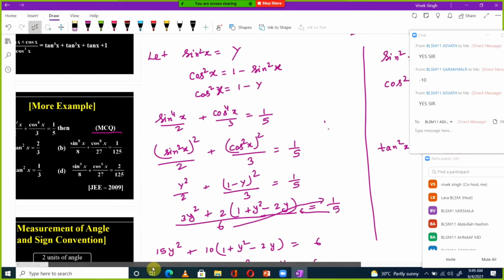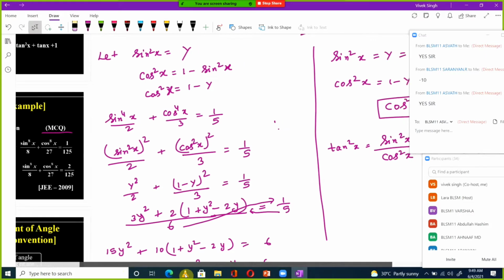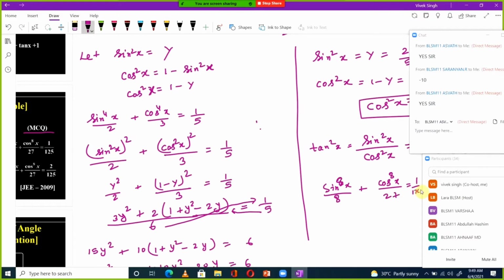Let me check second option also. So second option what we have given? Let me write here. Sin to the power 8x divided by 8 plus cos to the power 8x divided by 27 equal to 1 by 125.